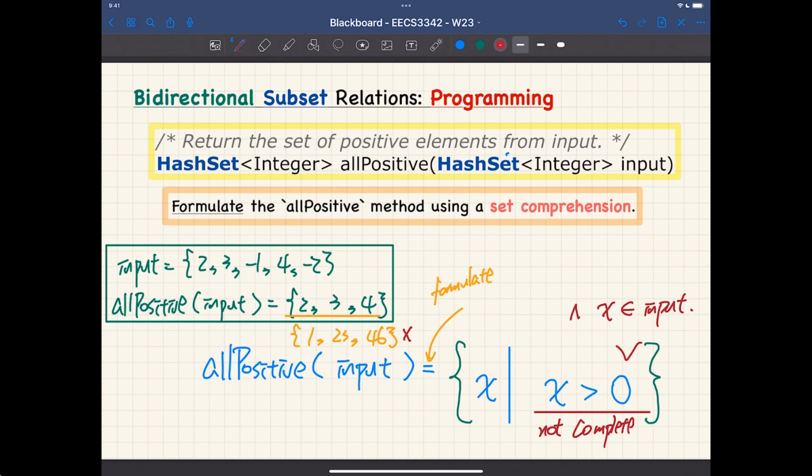It's a set comprehension. So for the set comprehension expression here, just remember to the left of the vertical bar, you don't put any constraint. You only put a list of variables or some form of the variables. And you put all the constraints on the right-hand side. So the syntax is a little bit different from universal versus existential quantification, right? It's a little bit different, yeah.